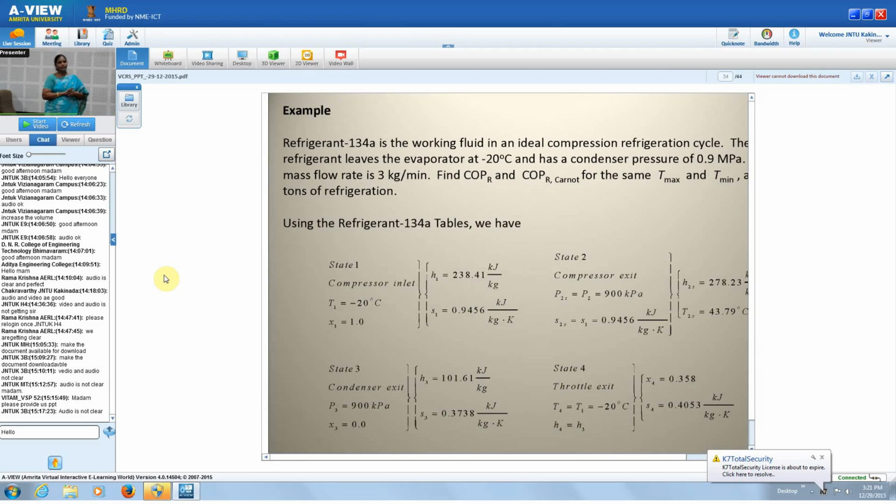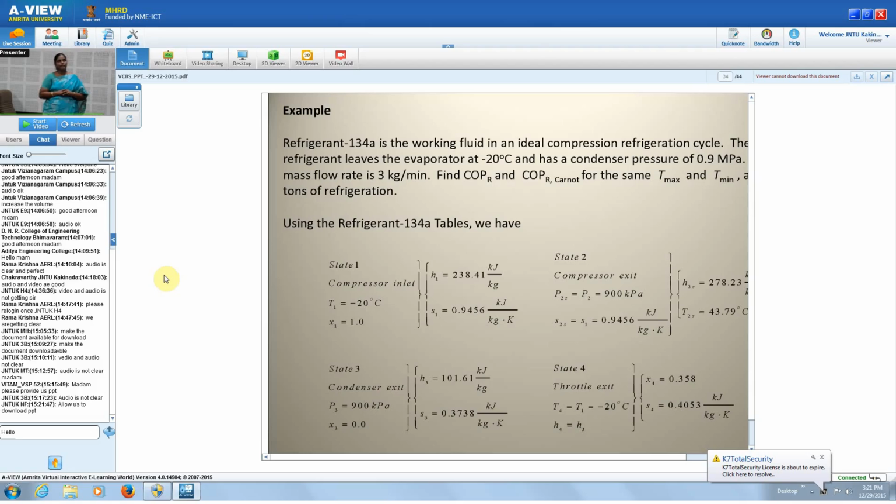So at state 1, from the chart here or otherwise from the table for the refrigerant 134a, note down the enthalpy at 1. That is when the refrigerant is dry and saturated. At minus 20 degrees centigrade, the enthalpy of the refrigerant is 138.41 kilojoules per kg.